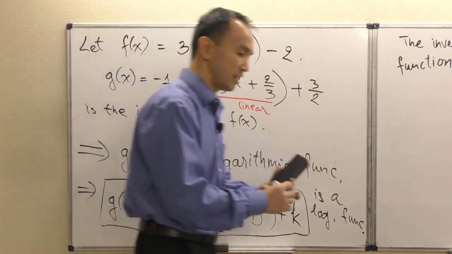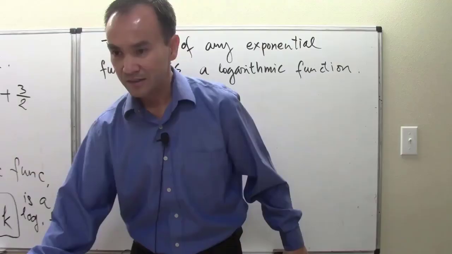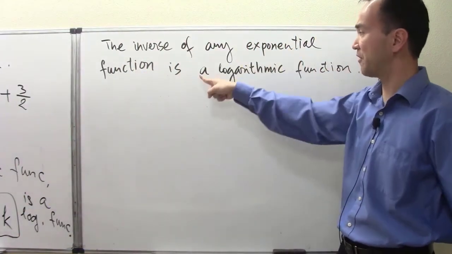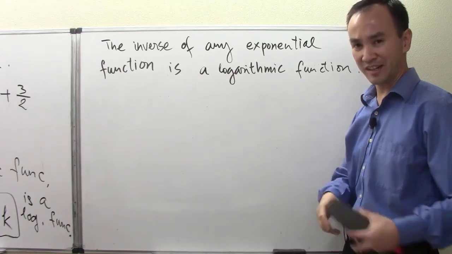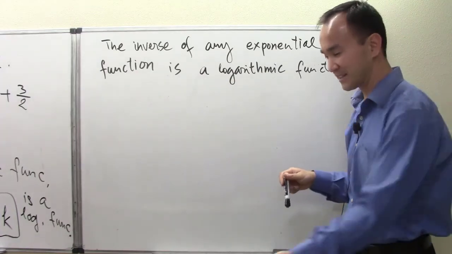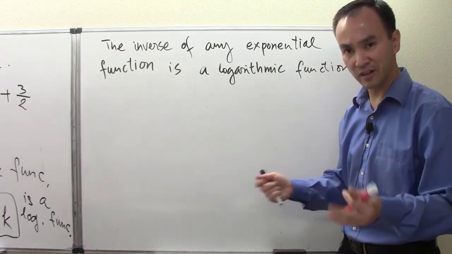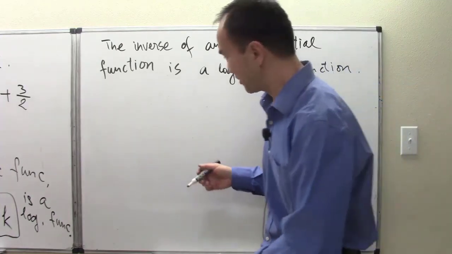And so now, inverted, that's how I stated that earlier. The inverse of any exponential function is a logarithmic function. And so now allow me to rewrite that extended general definition of the logarithmic function right here.